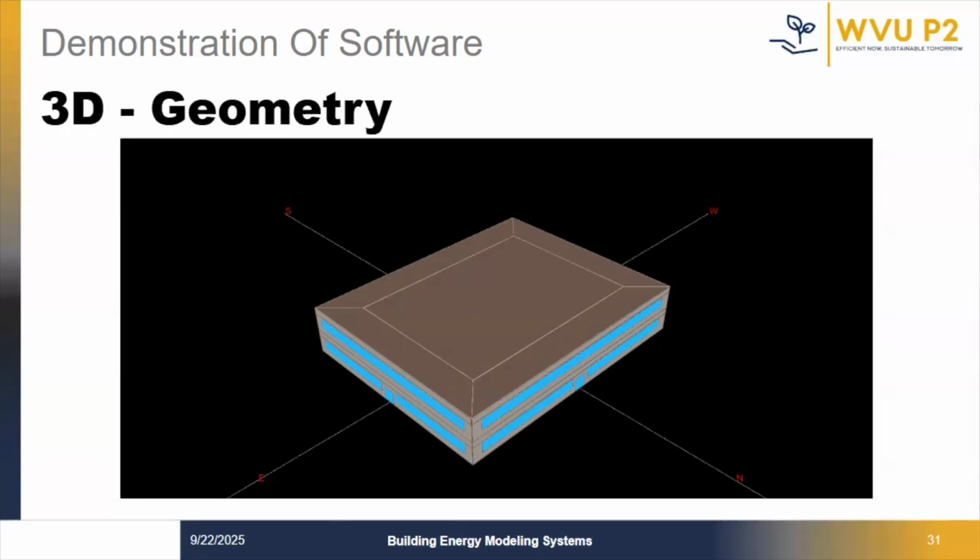This geometric model forms the foundational framework upon which all subsequent energy calculations are based, including solar exposure, heat transfer, and spatial zoning, ensuring that the simulation accurately reflects the real-world building's energy behavior.